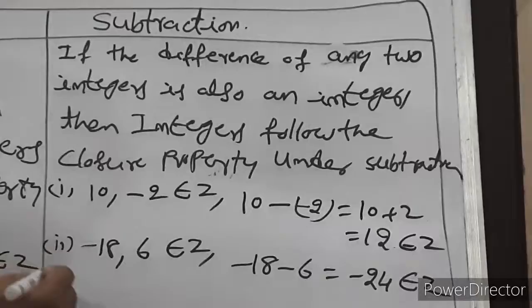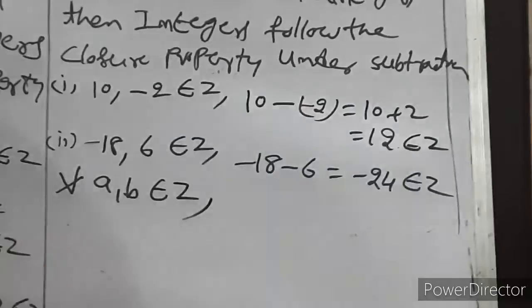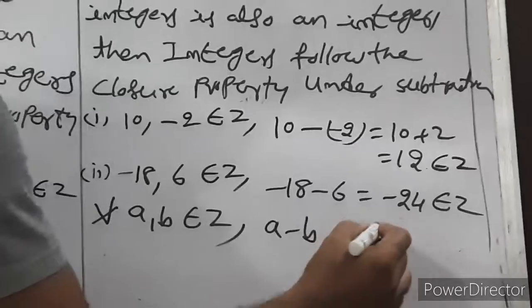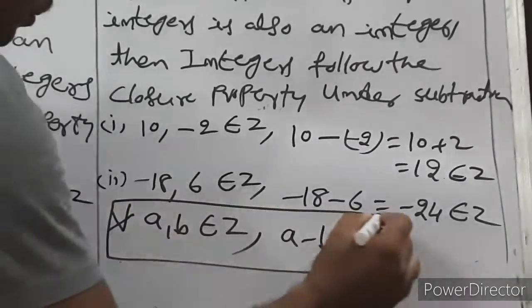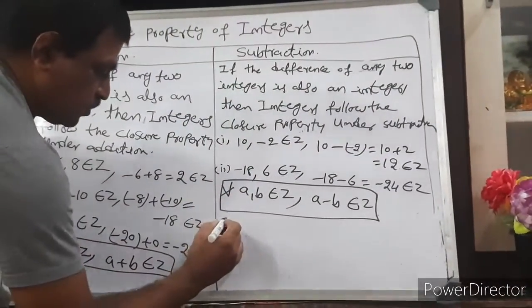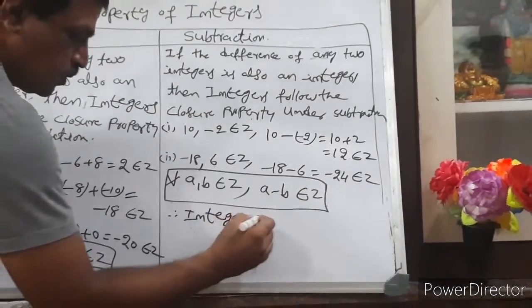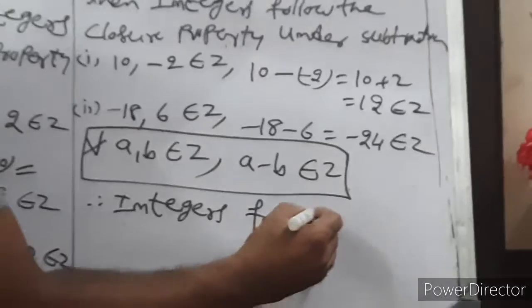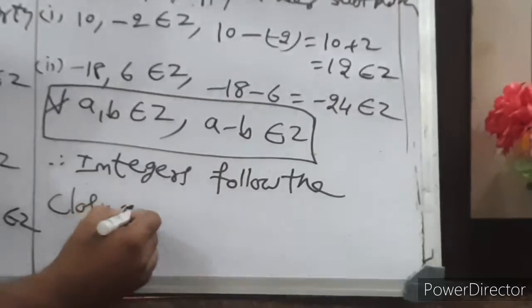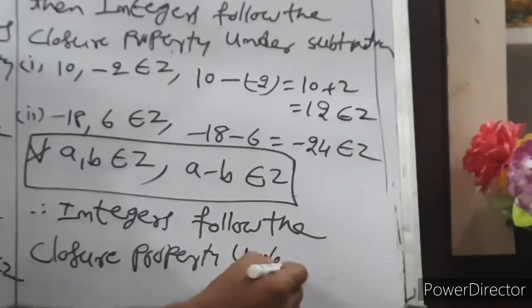So that means for all a, b belongs to Z, a minus b also belongs to Z. So therefore integers follow the closure property under subtraction.